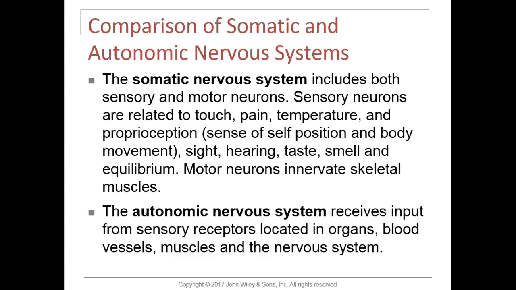So the somatic nervous system is the system that receives sensory information about pain, temperature, basically what you could feel, something called proprioception, which is our brain understanding what we're doing, if we're moving, if our arms are moving and whatnot, and all the other senses, sight, hearing, taste, smell, all of that and your equilibrium.